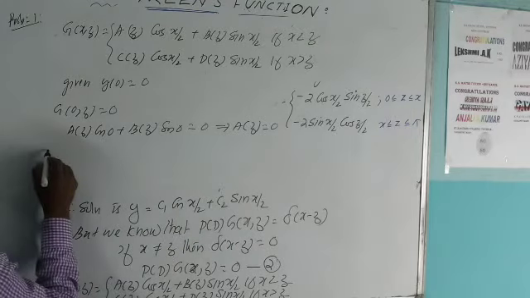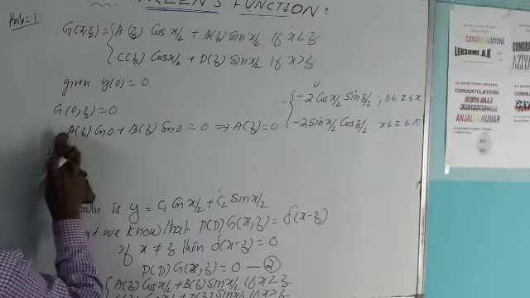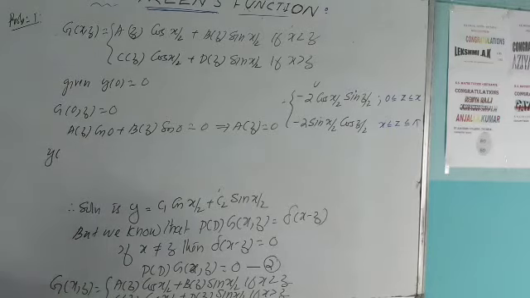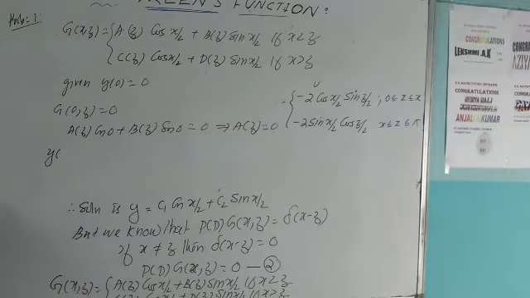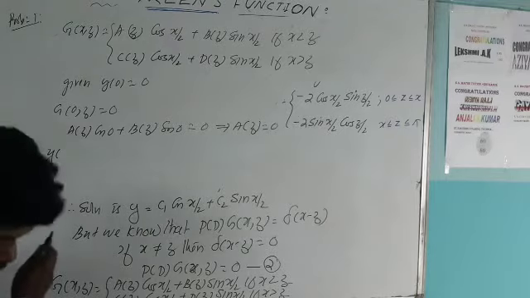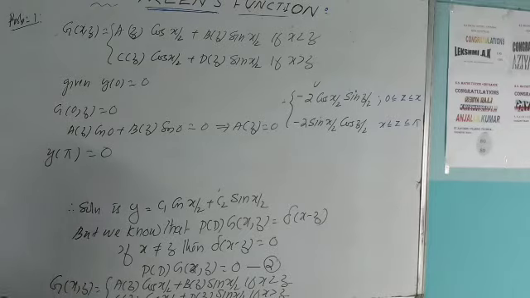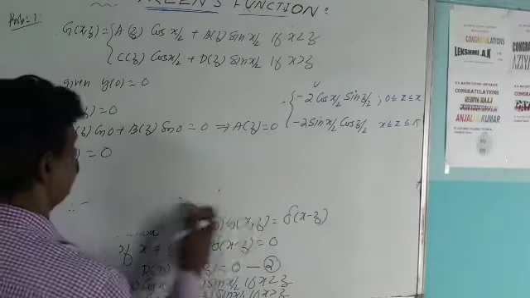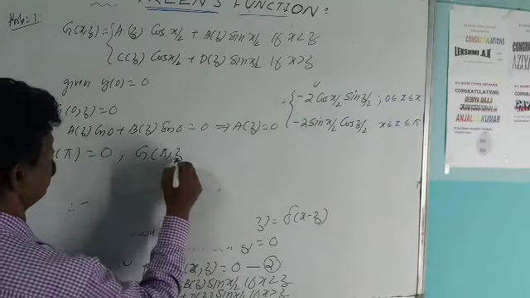What is the second boundary condition? Yes, y(pi) equal to 0. That is the second boundary condition. y(pi) equal to 0 means g(pi) is equal to 0.